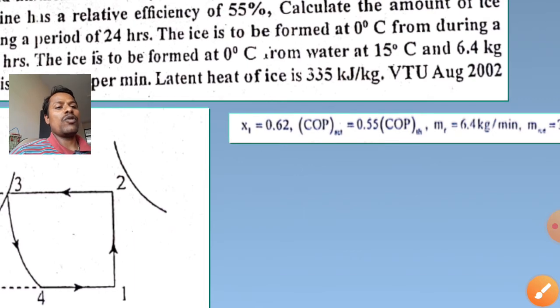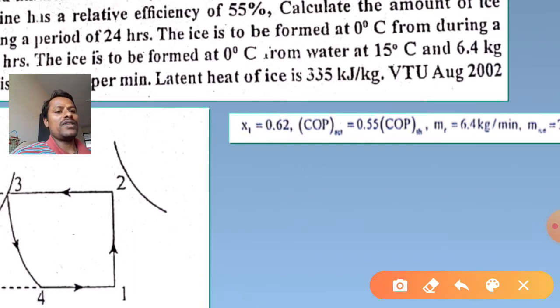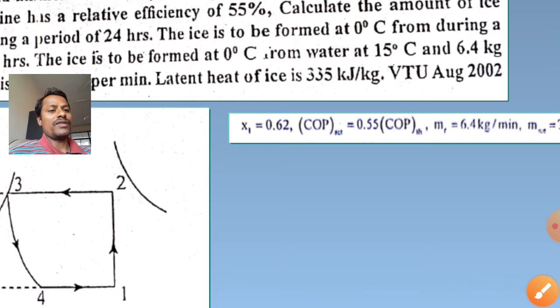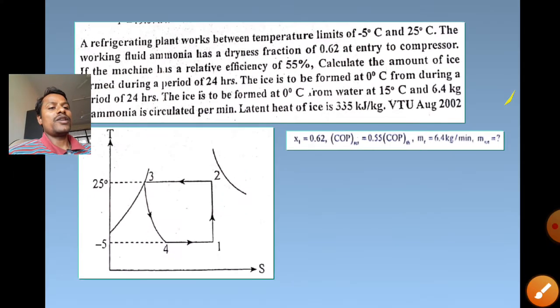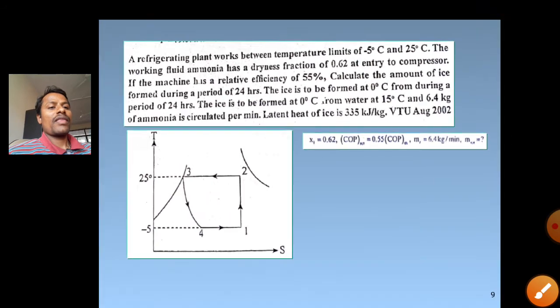Then actual COP of the refrigerator he has given as 55% of theoretical COP, that is the relative efficiency of this refrigerator. Then mass flow rate of refrigerant he has given as 6.4 kg per minute. We are supposed to calculate the mass of the ice formed in a duration of 24 hours.